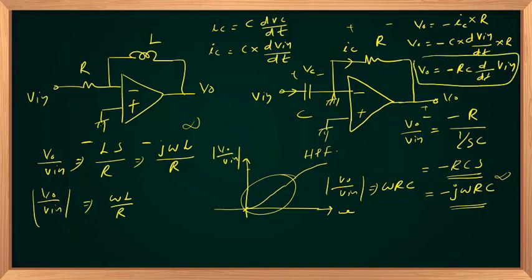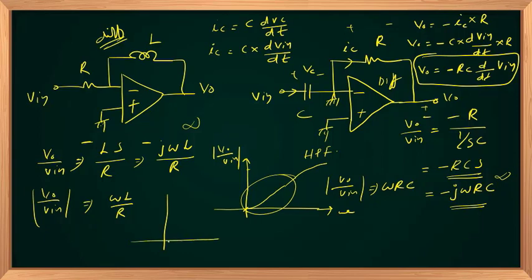As the output is proportional to the differential of the input, it is called a differentiator. Similarly, this also will be a differentiator. Right? Differentiator circuit or high pass filter.